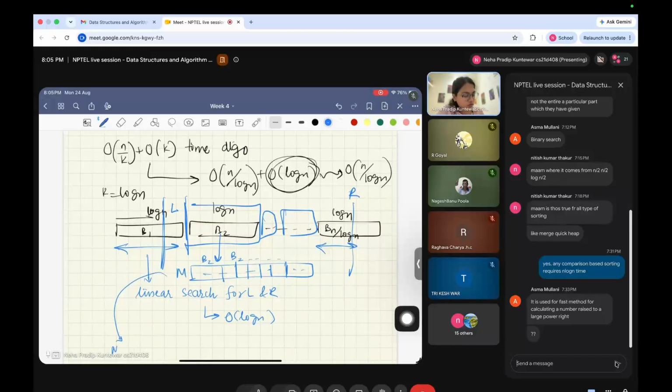So what is the size of this M? M stores the minimum element in each block. So what is the size of M?